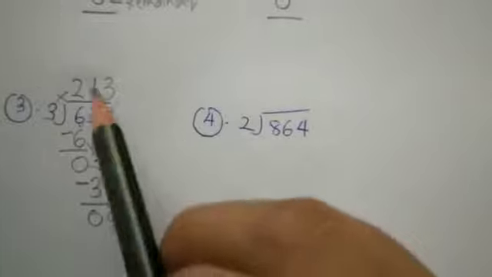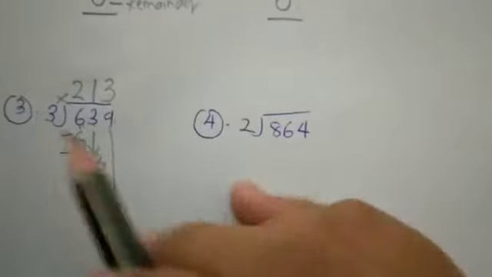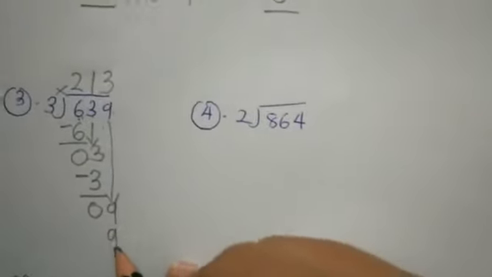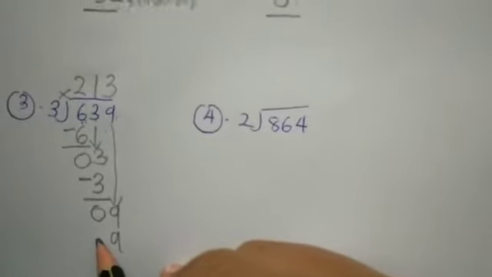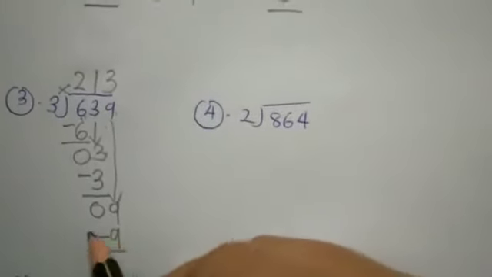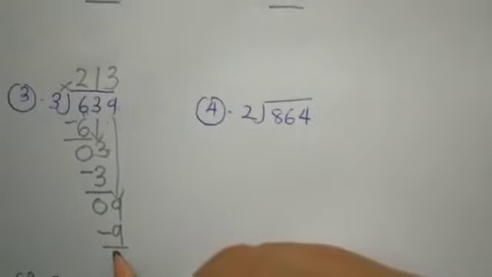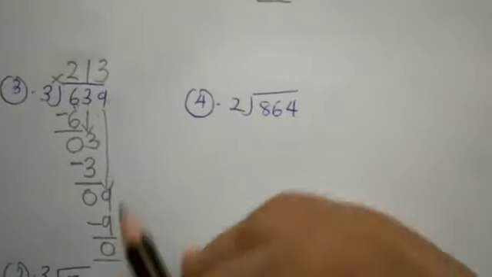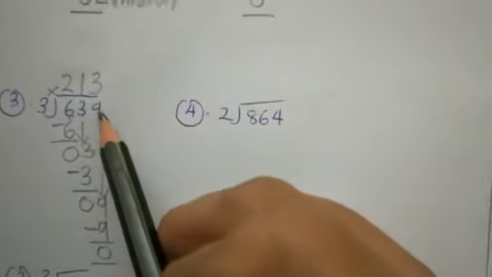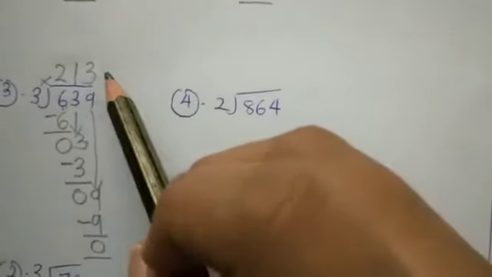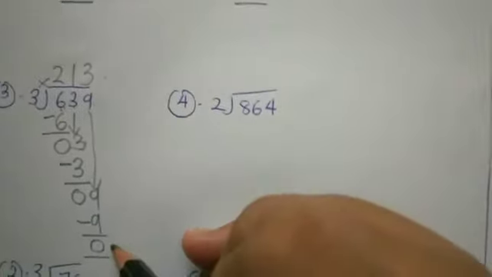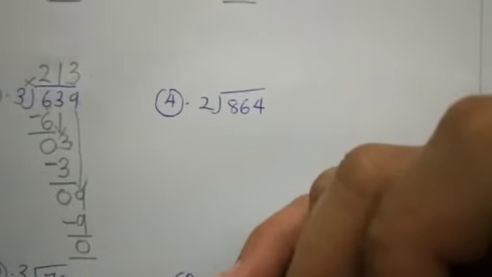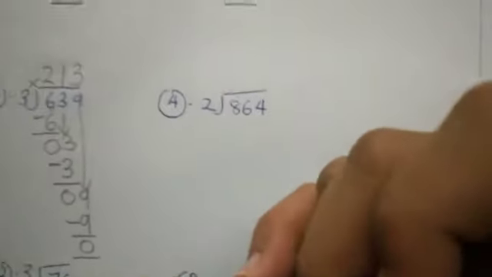Then you multiply back. 3 times 3, the answer is 9. Then you subtract. 9 minus 9, the answer is 0. So 639 divided by 3, the answer is 213 with 0 remainder. This one is for question 3.